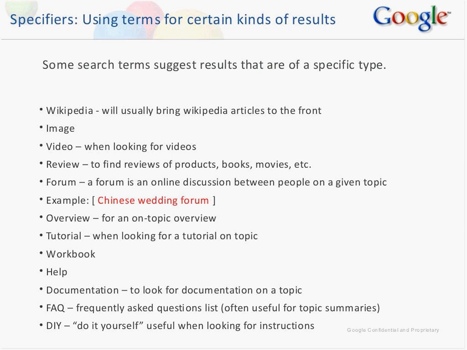These are all additional words you could add in. So, for example, if you want to look up Chinese wedding dress information, you might want to look in a forum and not just look through random web pages. Or you might want to use Google's blog search to search just through blogs. You get the idea. These terms can be added in as specifiers to say what kind of information to focus on.